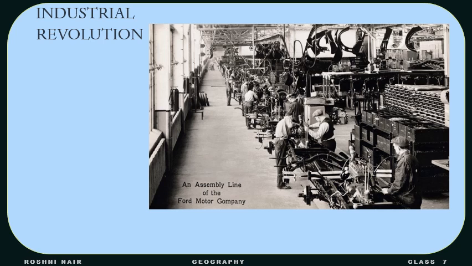Fueled by the game-changing use of steam power, the Industrial Revolution began in Britain and spread to the rest of the world, including United States by, I think, the 1830s and 40s. You will learn more about this in your class 8 history.